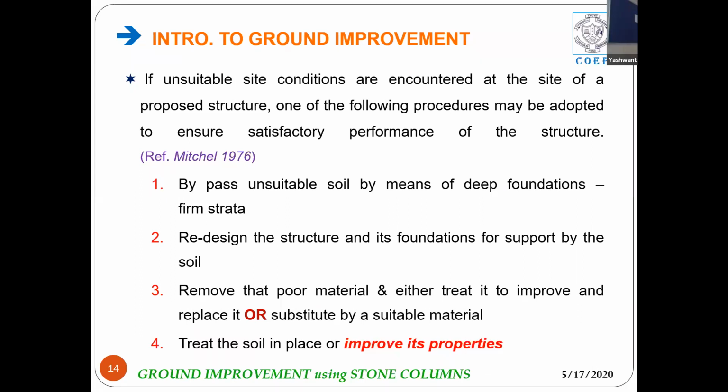The fourth method he mentioned is to treat the soil in situ, as it is. Don't disturb the in situ soil, the virgin soil, and treat it there itself to improve the properties so that the required strength is accomplished.